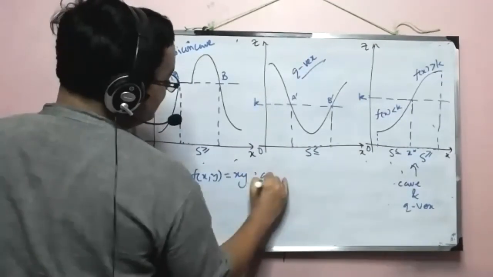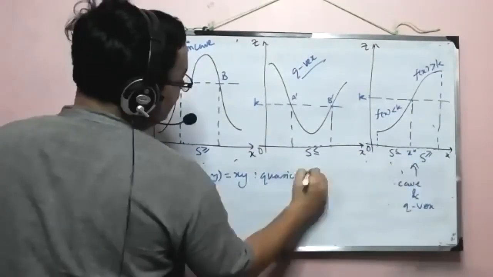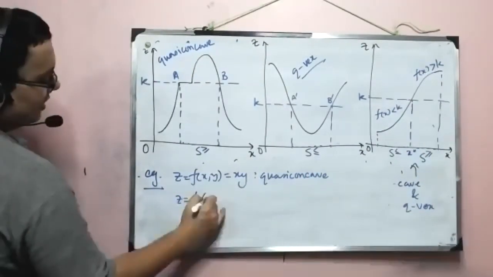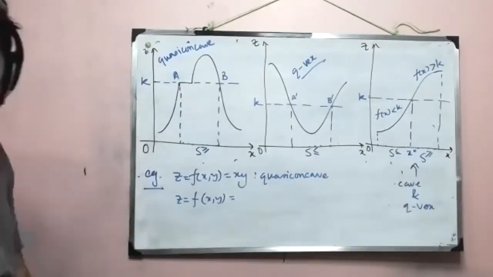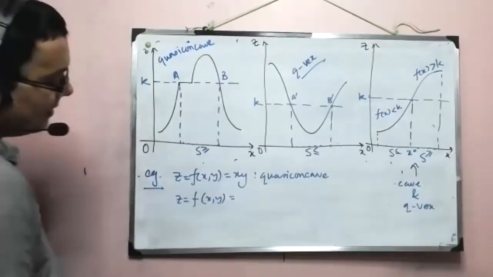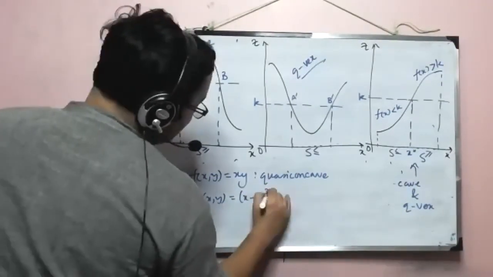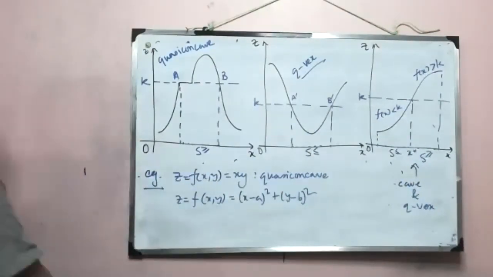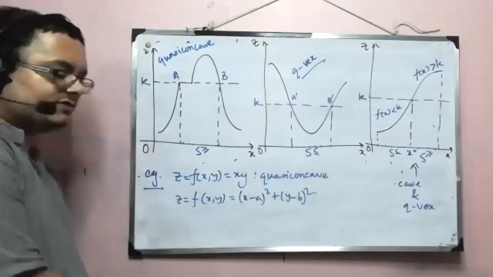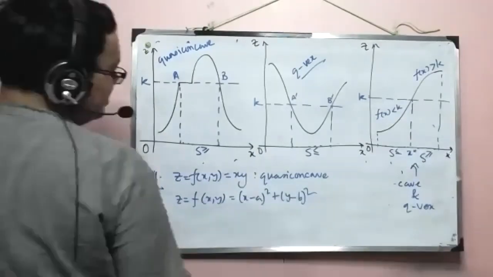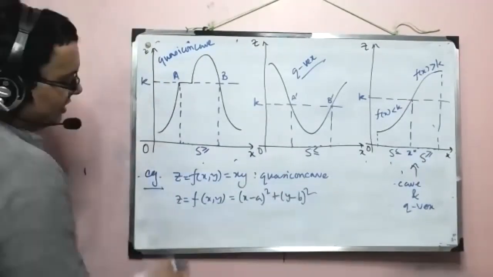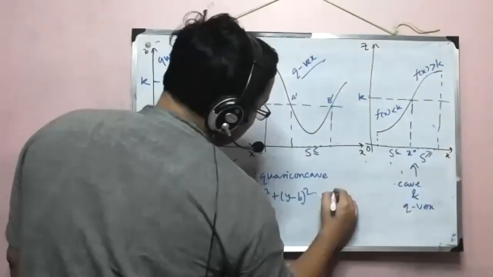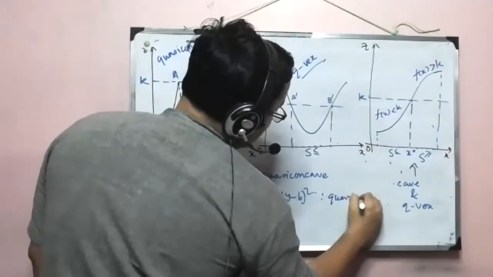For this, SOC is satisfied, so we know this is quasi-concave. The second is z equal to f(x, y) equal to (x minus a) whole square plus (y minus b) whole square. This is a variant of x square plus y square, with which we have worked. It is a circle centered at (a, b) with radius root z. We know that SOC fails here, and if we think of it, this basically becomes quasi-convex.